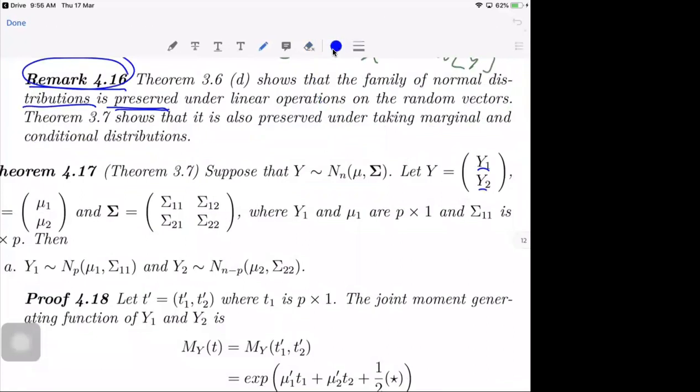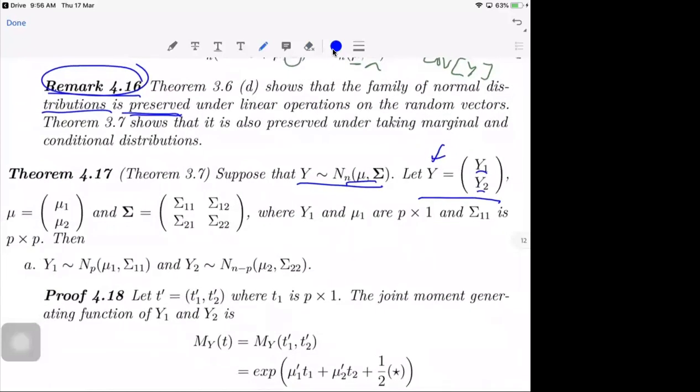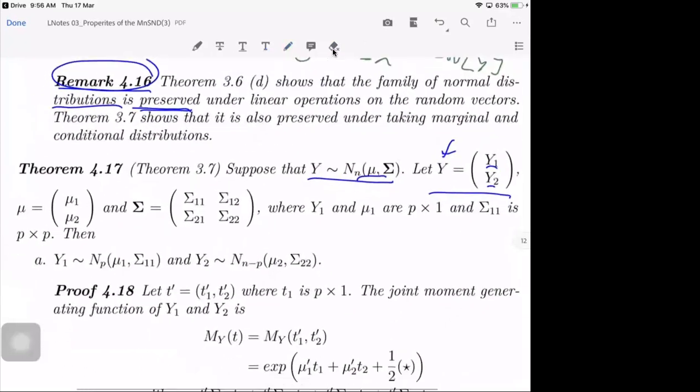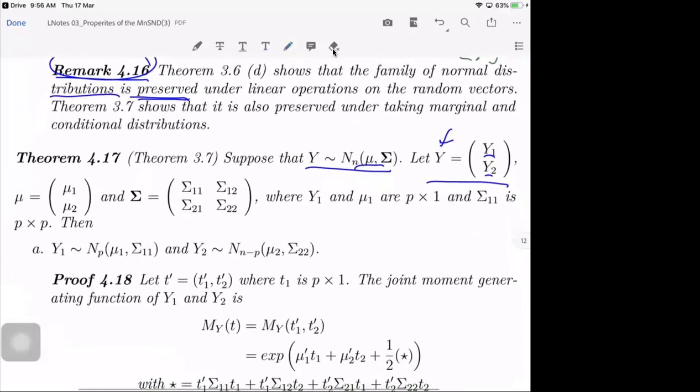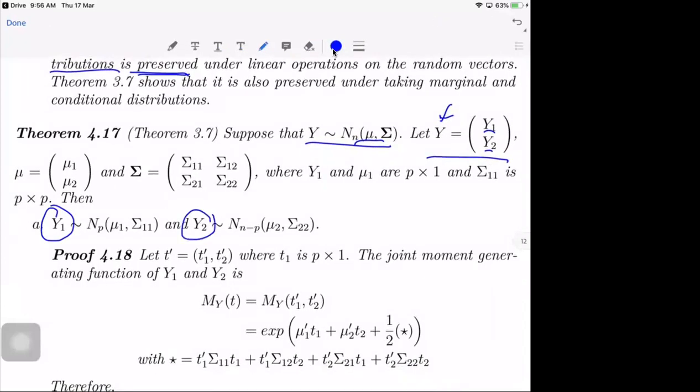So these are vectors. Suppose that your y can be partitioned into this, wherein your y is normally distributed. What we want to know is what will be the distribution of y1 and what will be the distribution of y2 if we partition our random vector y into y1 and y2.